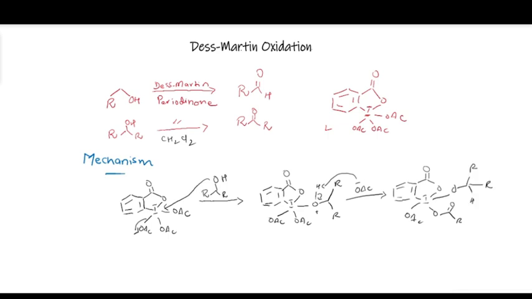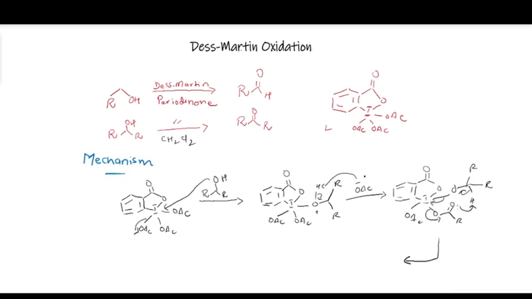Now, in this step, the second acetate group abstracts a proton, this proton that is attached to this carbon, and so electrons are shifted between carbon and oxygen. That allows these electrons to be shifted towards iodine, and it also allows the removal of a second acetate group in the form of acetic acid.